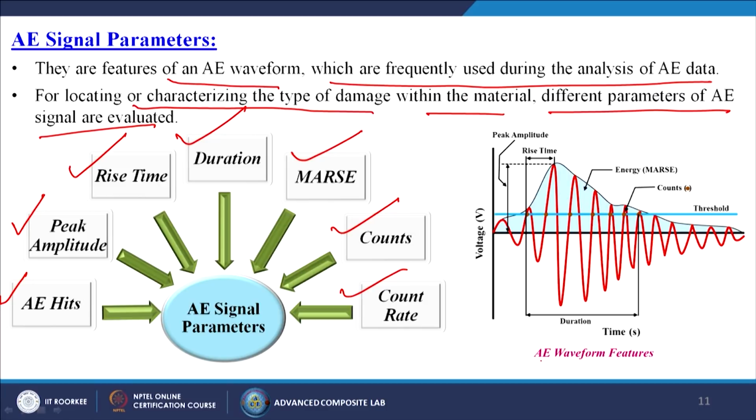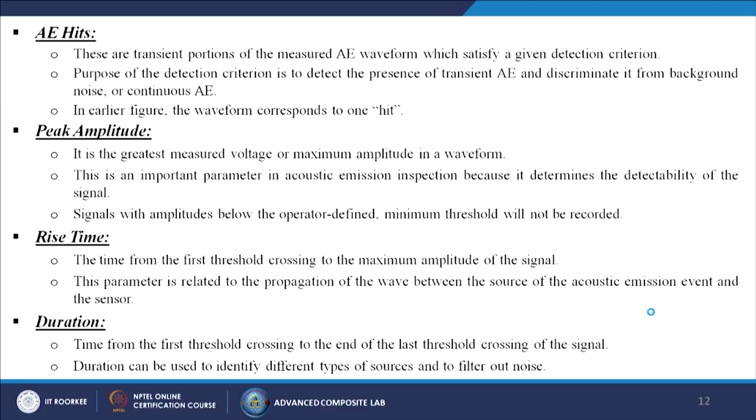Here is the AE waveform feature: this side is the voltage and this side is the time on the x axis, and you get this kind of amplitude or peak. This is known as the peak amplitude, that is the maximum, and then rise time, energy, counts and the threshold value, and this is the duration. So, these are all the things.